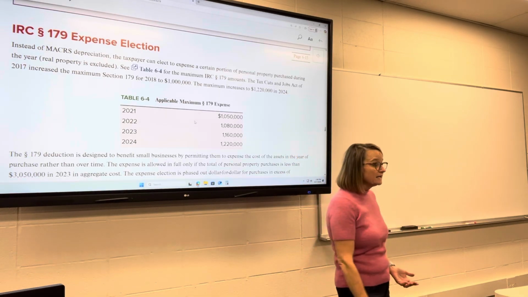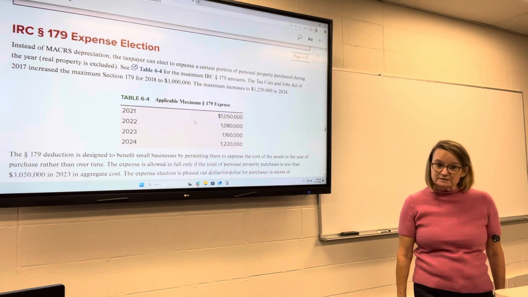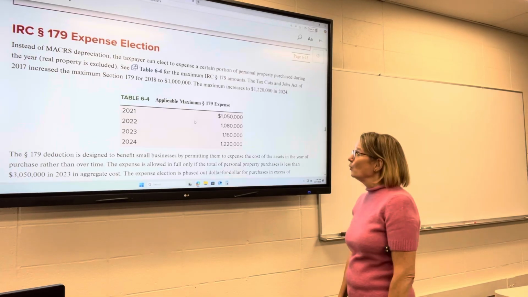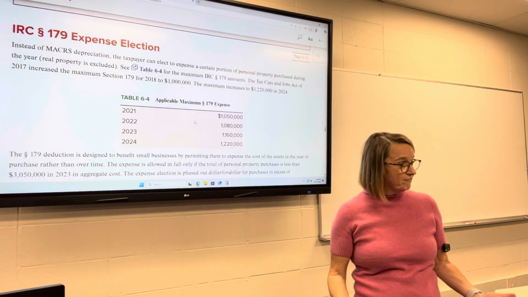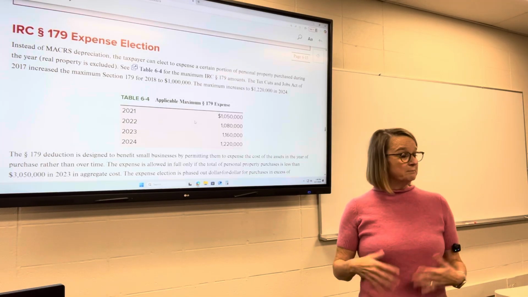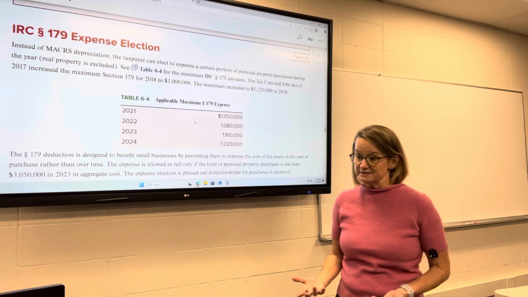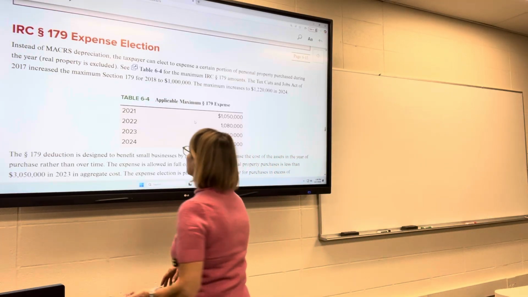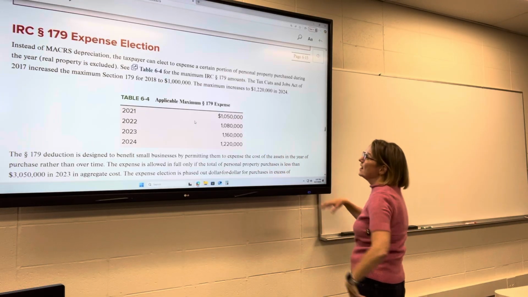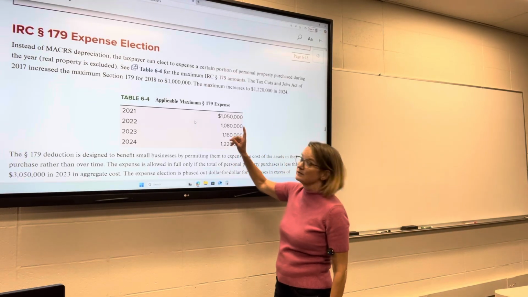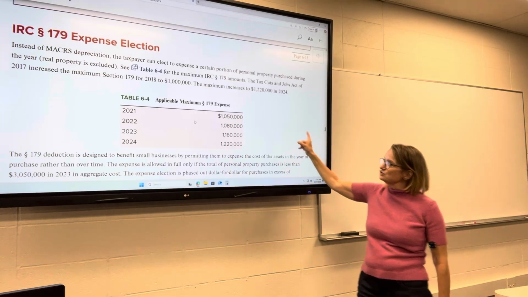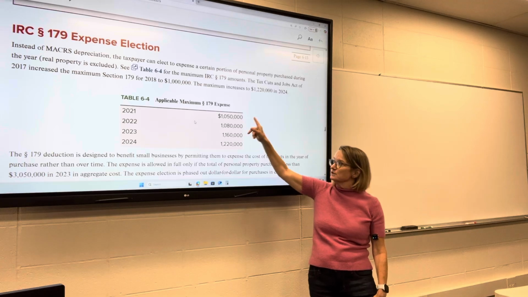What it allows you to do, if you elect to take the 179 expense, is write off a big chunk of your asset purchases immediately. Now, it's not unlimited. There are limits to it, and that's what this table here is showing. So the maximum amount of Section 179 expense that you can take in 2024, you can see these amounts change every year.